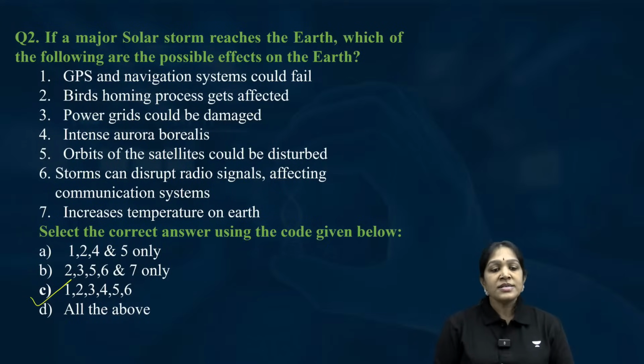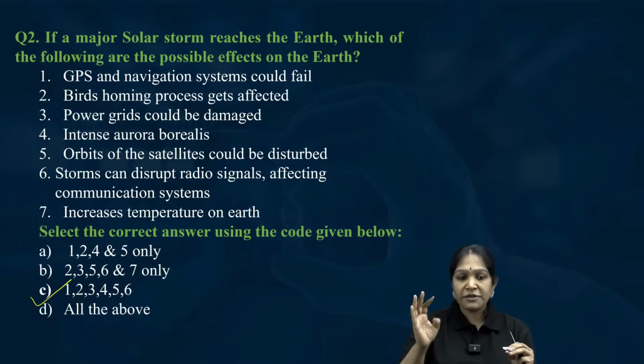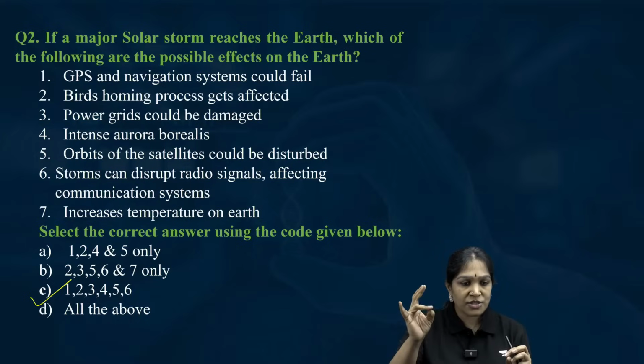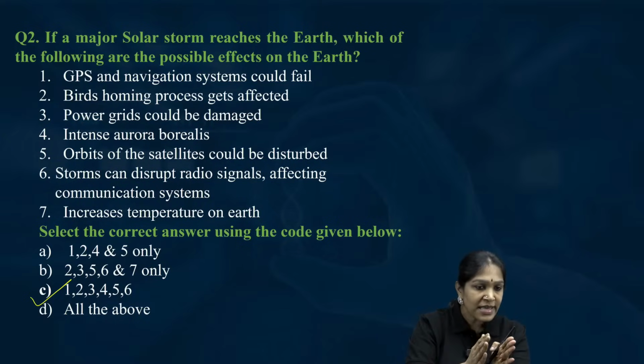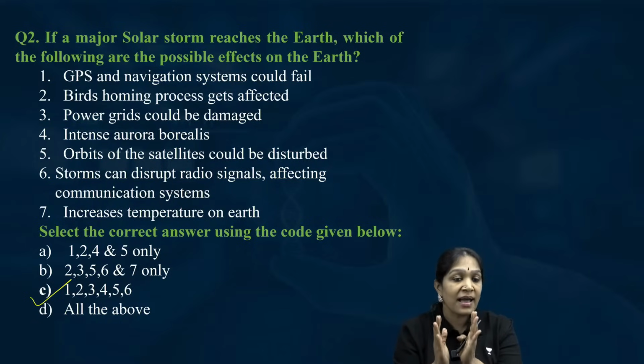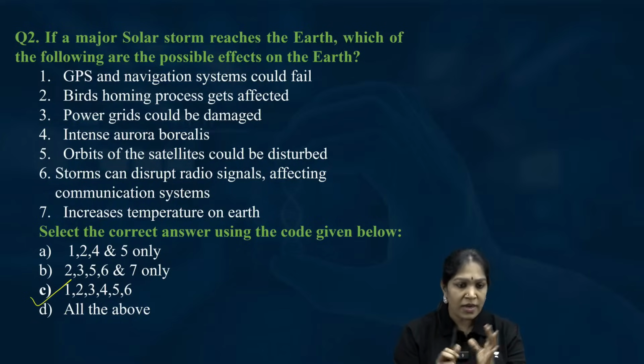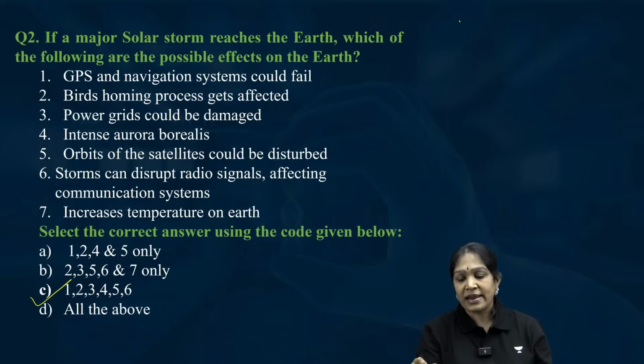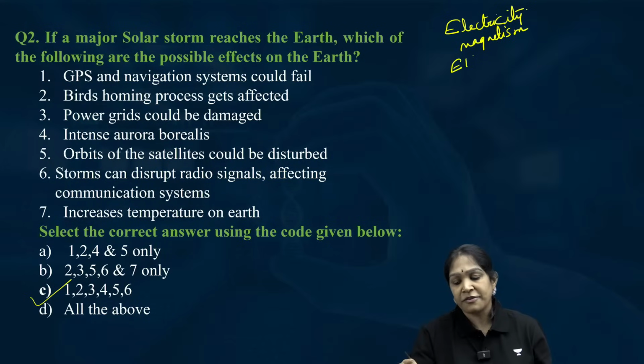Wind, flare, coronal mass ejection, solar storm, geomagnetic storm, all these are disturbing the Earth's magnetic field. So anything related to electricity, anything related to magnetism, anything using electromagnetic waves like radio waves will get affected.